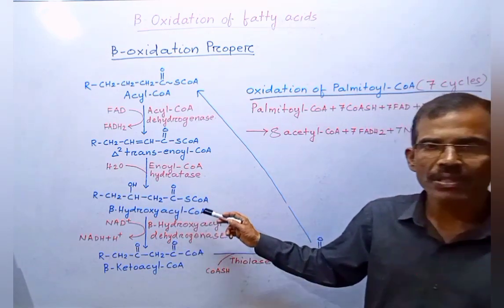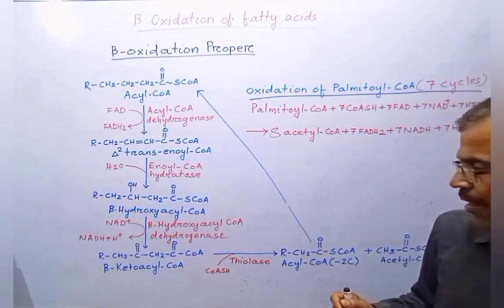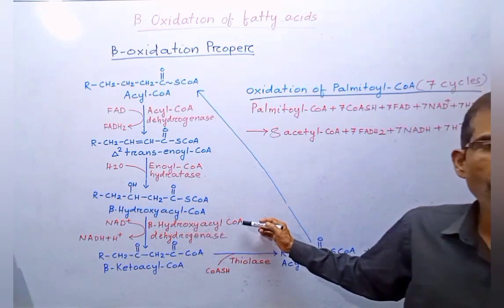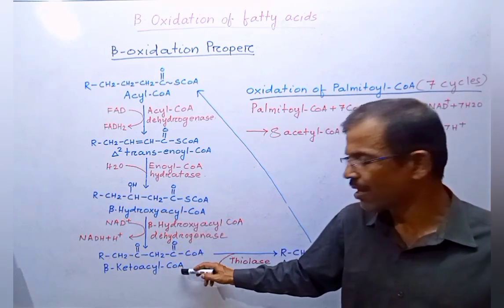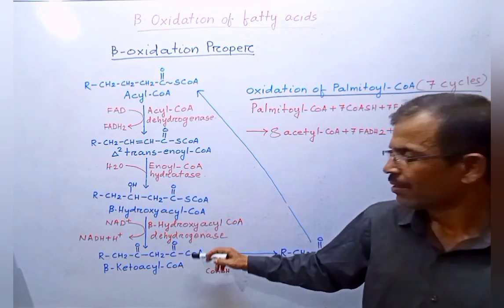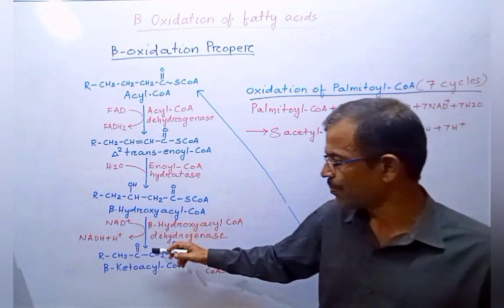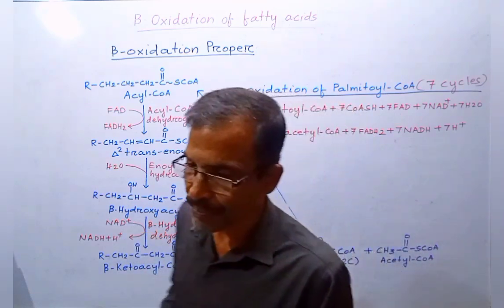In the third step, beta hydroxyacyl coenzyme A is dehydrogenated by the enzyme beta hydroxyacyl coenzyme A dehydrogenase to beta ketoacyl coenzyme A. This enzyme is NAD dependent. In this step, NAD is reduced to NADH.